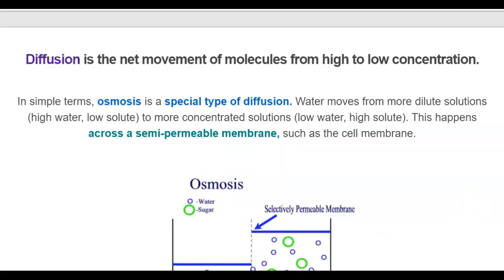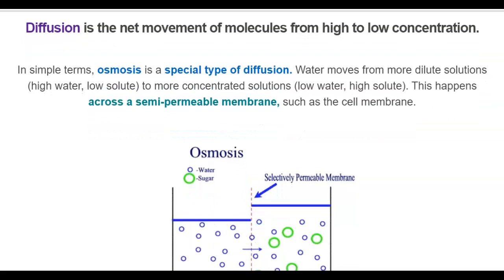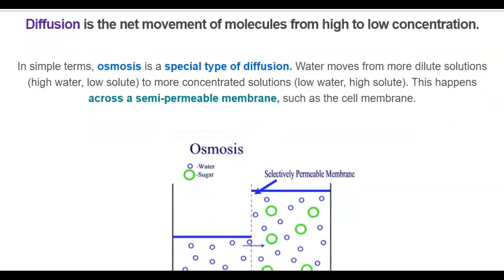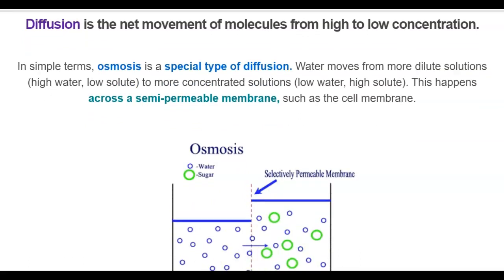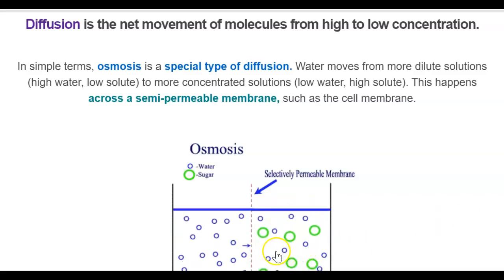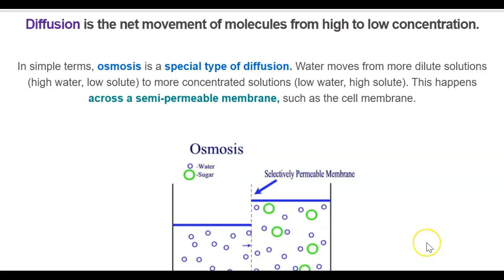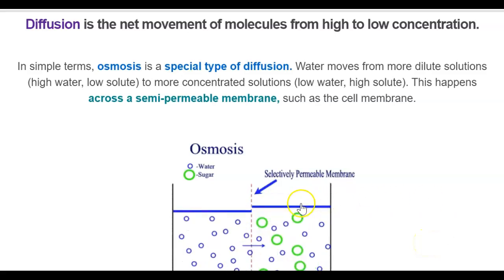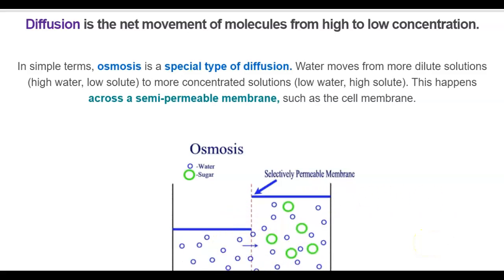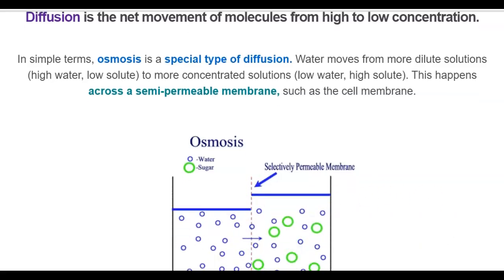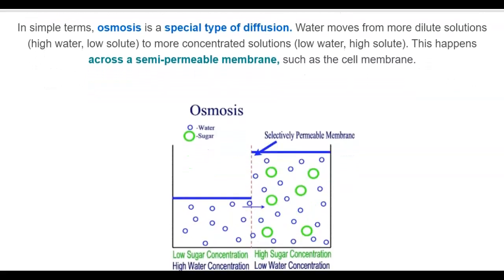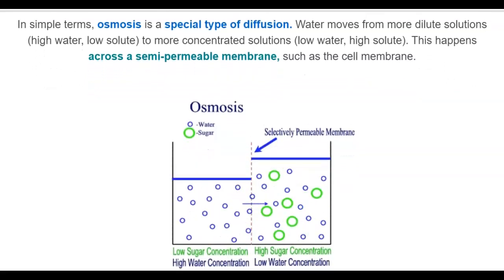So remember, diffusion is the net movement of molecules from high to low concentration. So you can see down here, particles are moving in both directions. They're moving from left to right, right to left. In simple terms, osmosis is a special type of diffusion.